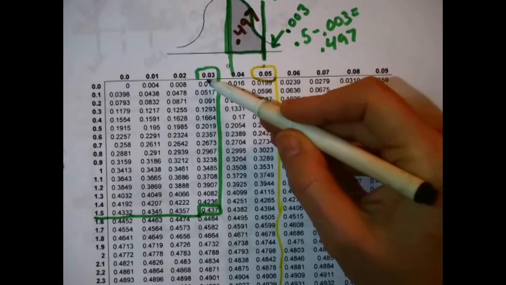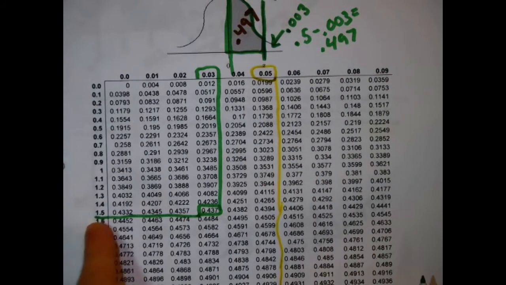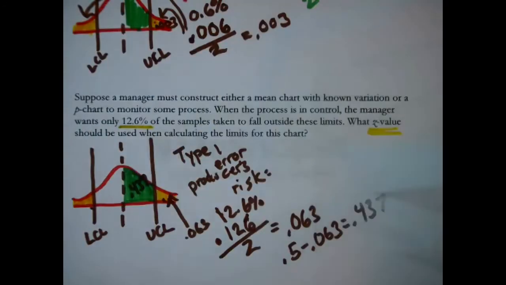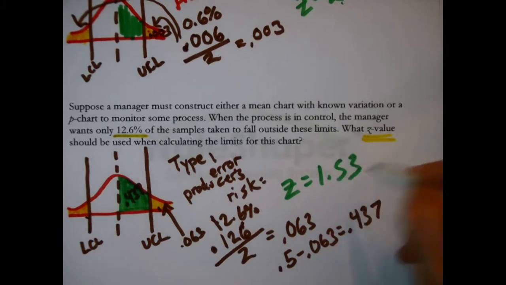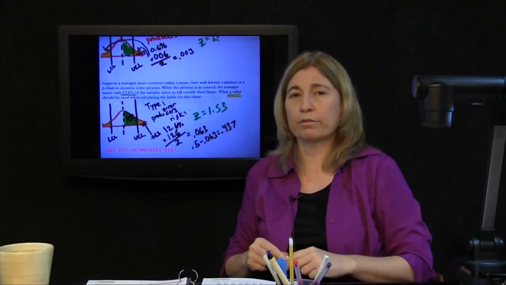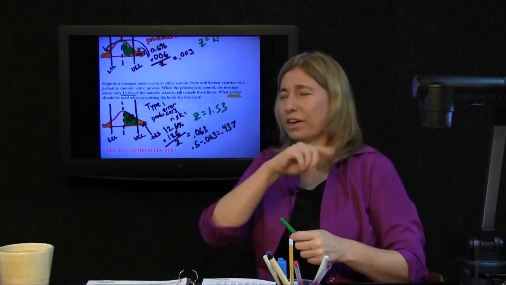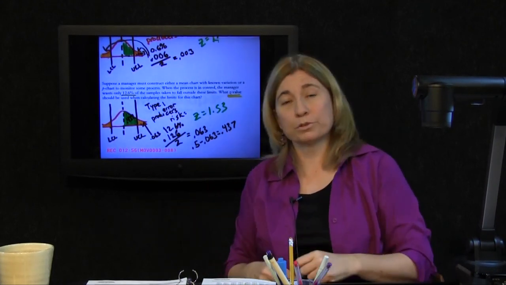It says 0.03. Perfect, I just have to remember that. 1.53. Use a z-value of 1.53. When you're filling out the formula to set the upper control limit and lower control limit, use z equal 1.53. Why? So that exactly 12.6% of that natural sampling distribution will in fact be excluded by the resulting limits.